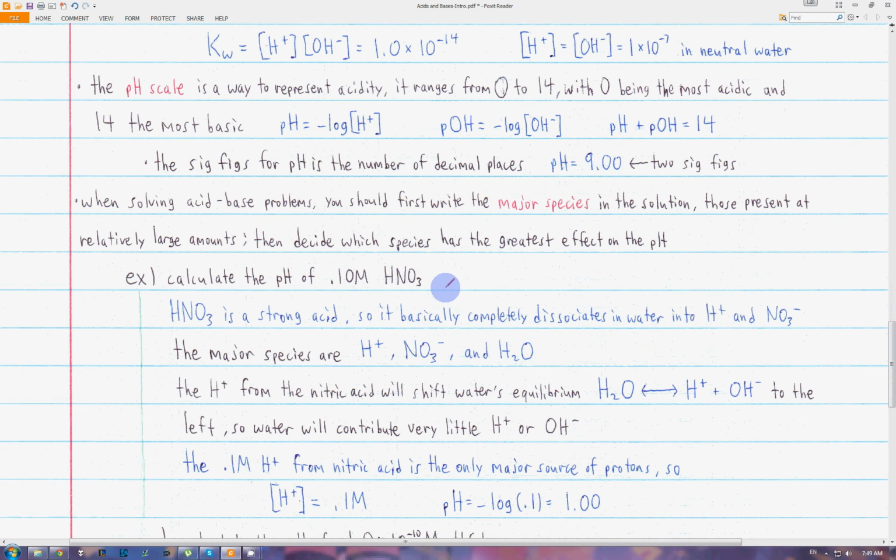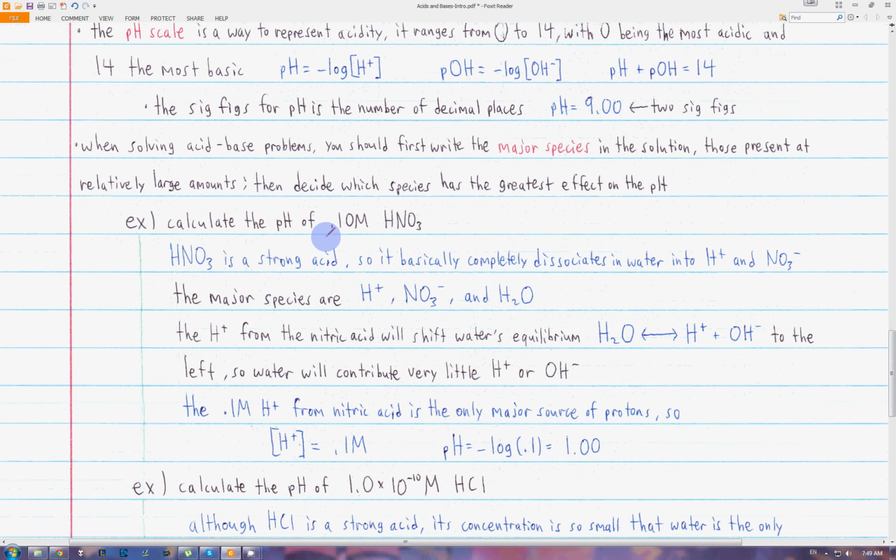So now we're going to start looking at solving acid-base problems. The most common type of problem is finding the pH of a solution of some acid. So the first thing you want to do in these problems is write out the major species, which are the chemicals present in relatively large amounts. And then once you have those major species, you can decide which of them will have the greatest effect on the pH.